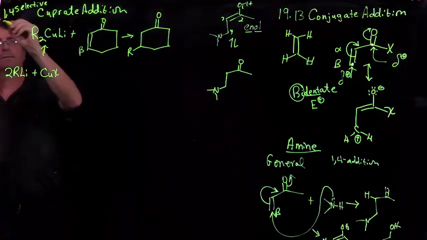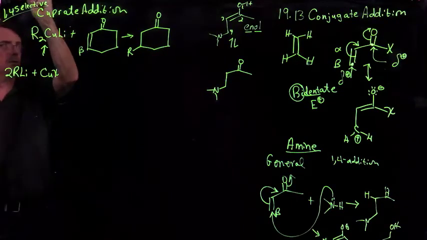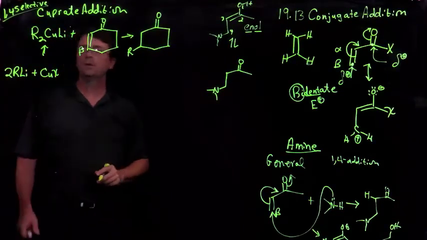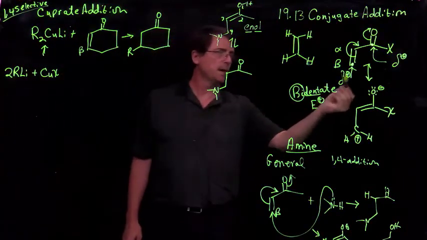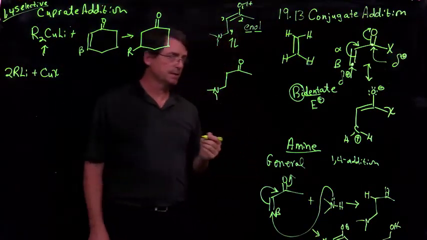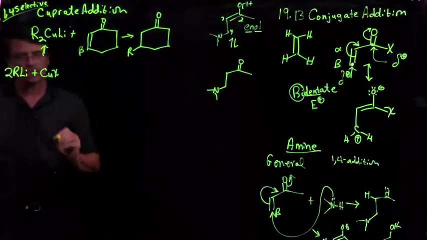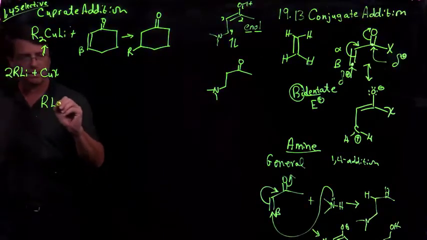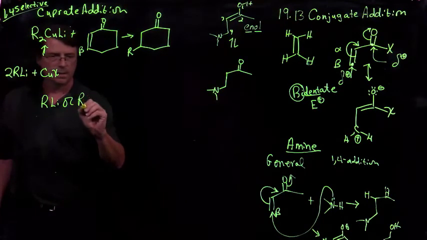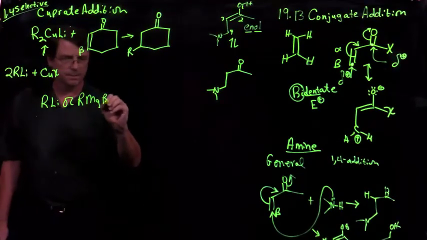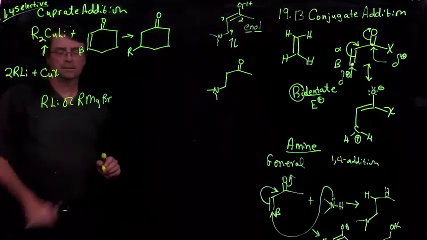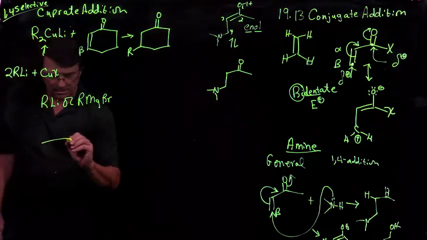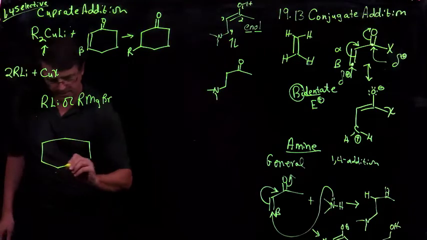All right, so now I've shown you two examples here of this addition. Both of them prefer addition to the beta carbon. Now I said at the beginning this was a bidentate electrophilic system. And so when we react with alkyl lithiums or alkyl Grignards, these have a tendency to add to the carbonyl carbon. So let's take a quick specific example here.